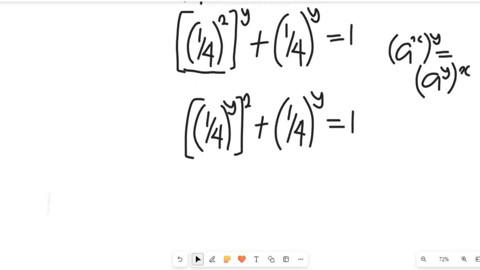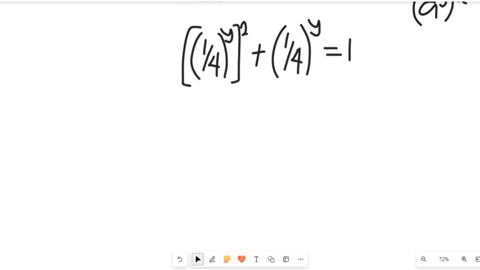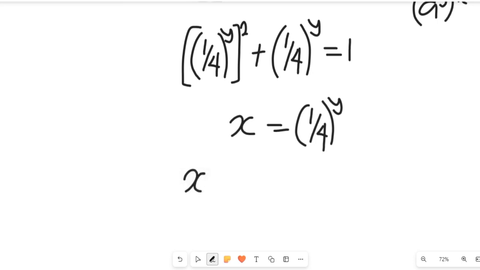So what do we have here? Let us make x equal to 1 divided by 4 all to the power of y. If we do that, then 1 divided by 4 to the power of y squared is going to give us x squared, plus x, and this will be equal to 1.